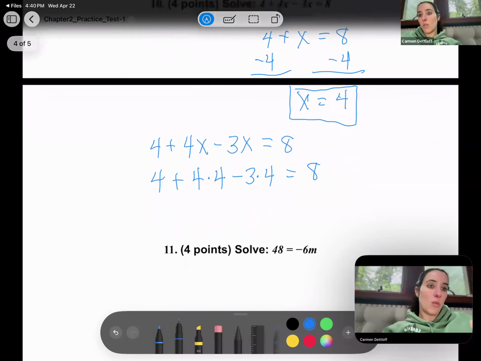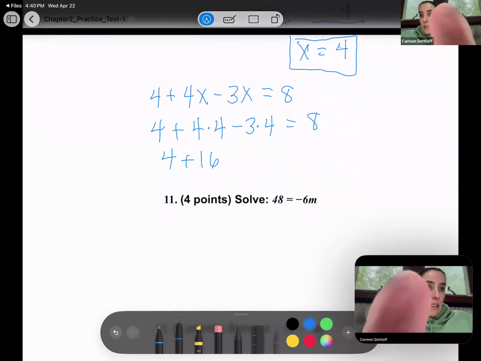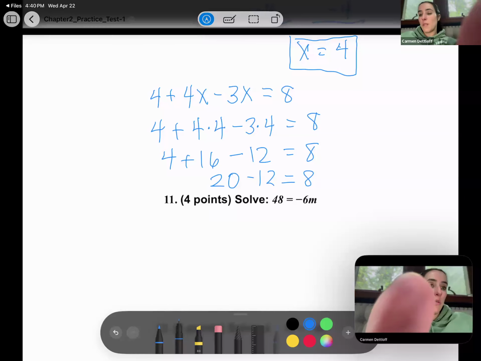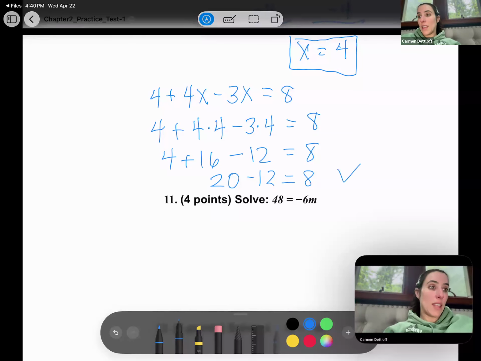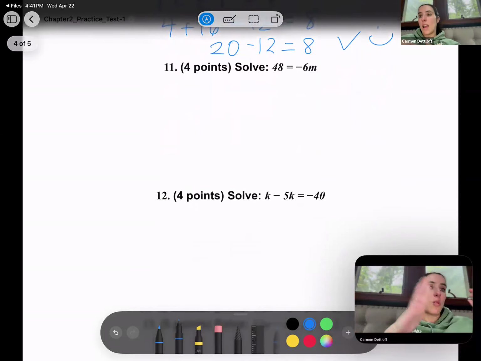Let's see if this is true. 4 times 4 is 16. 3 times 4 is 12, and I've got my negative sign up front, equals 8. So I get 4 plus 16, 20 minus 12 equals 8. Is that true? 20 minus 12 is, in fact, equal to 8. We got it. True.